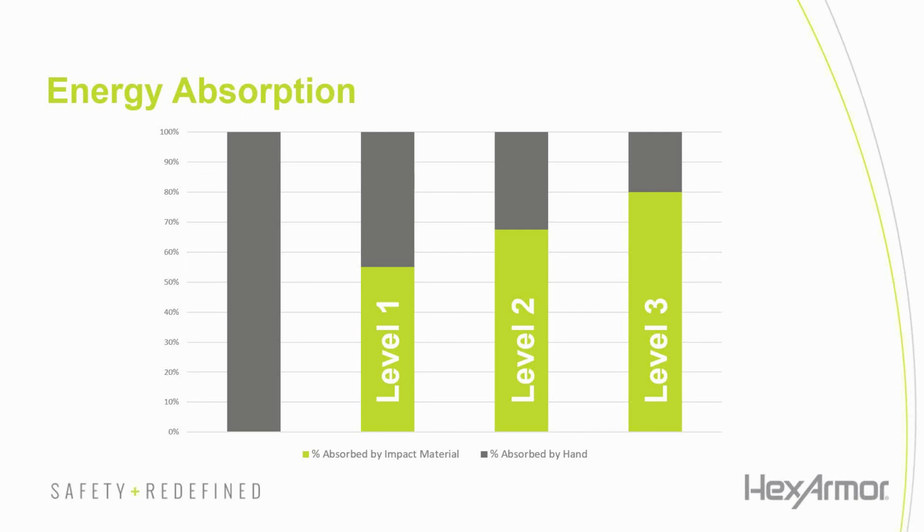Now, be on the lookout for marketing that shows you what the impact is on the fingers and what it is on the back of hand, because you may find that there are some products out there that have a level 1 on the fingers, but a level 2 or 3 on the back of hand, versus a level 1 on the fingers and a level 1 on the back of hand.